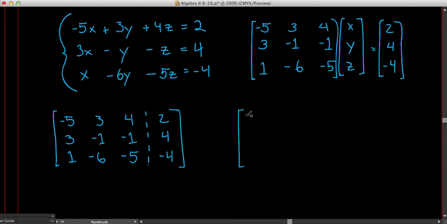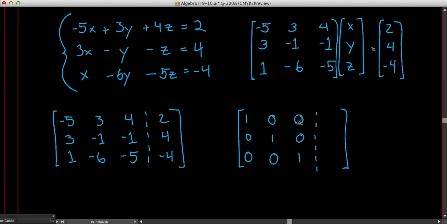And for the 3 by 3 matrix, we have 1 in the x column, 1 in the y column, and 1 in the z column, and then you'll have your line and then some values for your solutions.